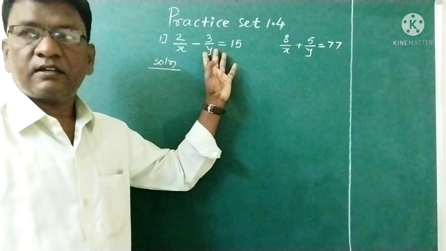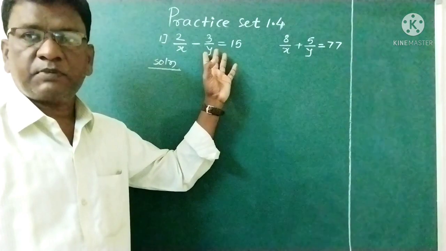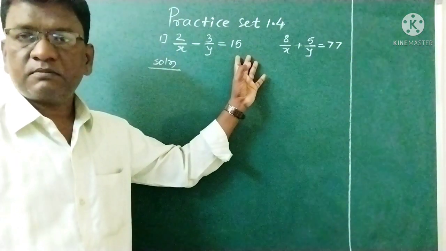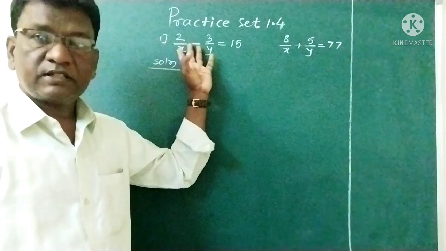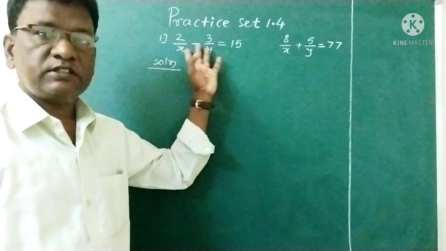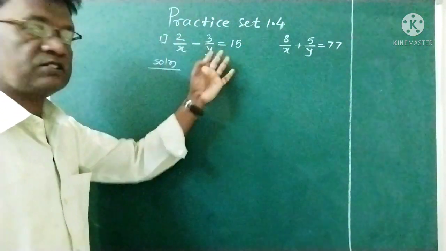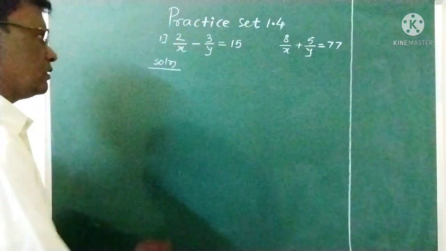We can solve it by graphical method also, by Cramer's rule also, and by elimination method also. So let us see how to solve these equations, how to reduce these equations. हे इक्वेशन्स कसे रिड्यूस करायचे ते आपण पाहू.